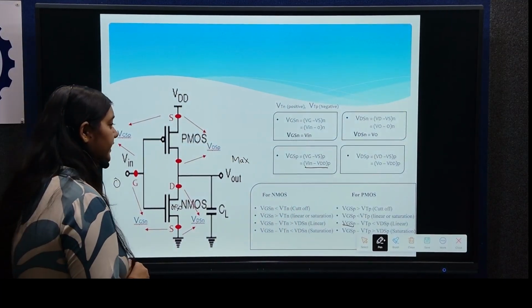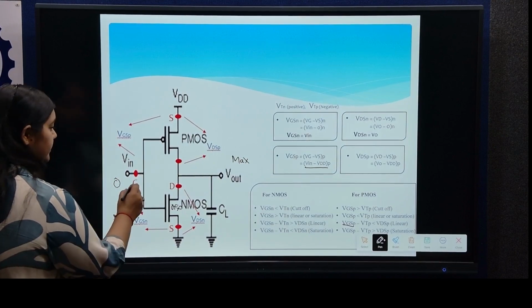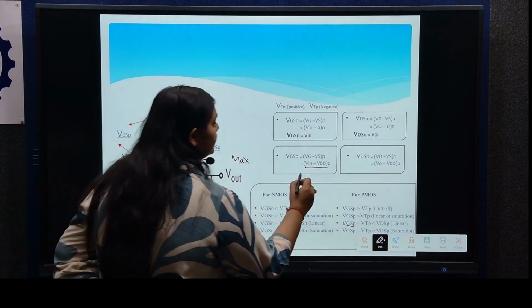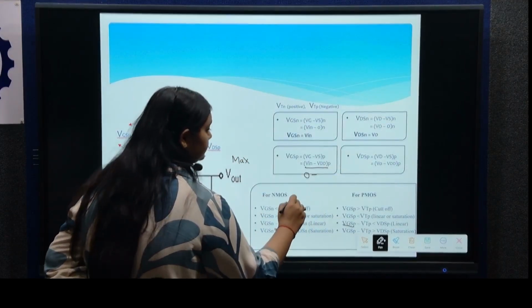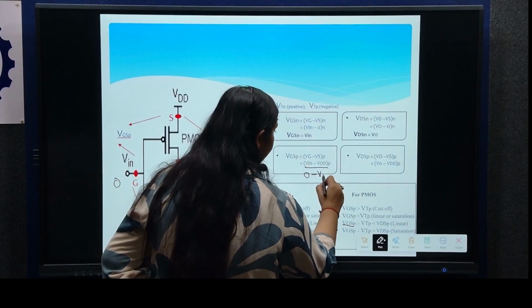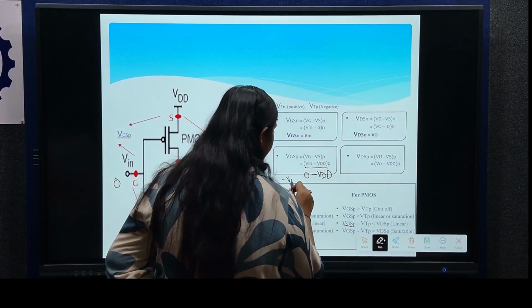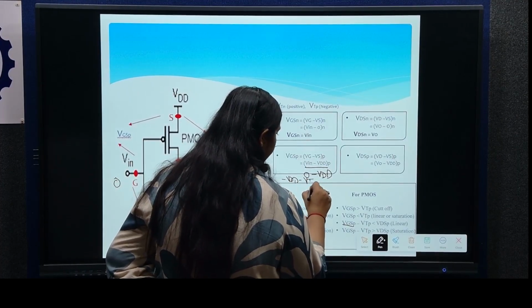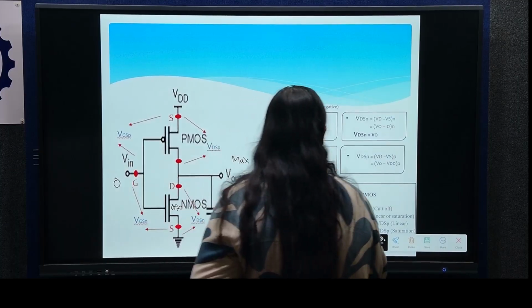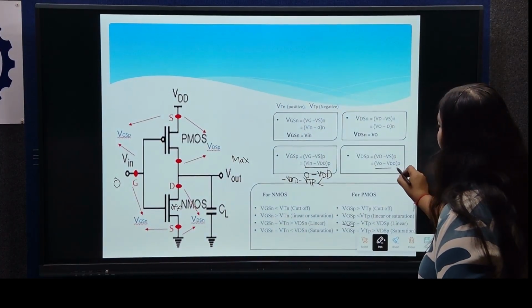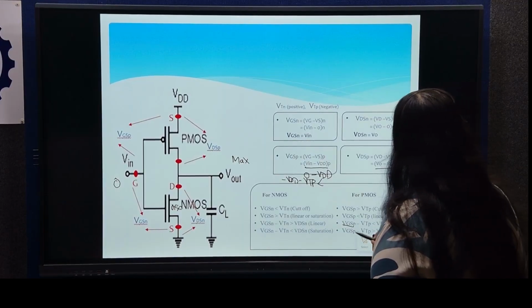So what is Vin? Vin is 0, input is 0. So 0 minus VDD minus VTP is smaller than VDSP. What is VDSP here? VDSP is V0 minus VDD.